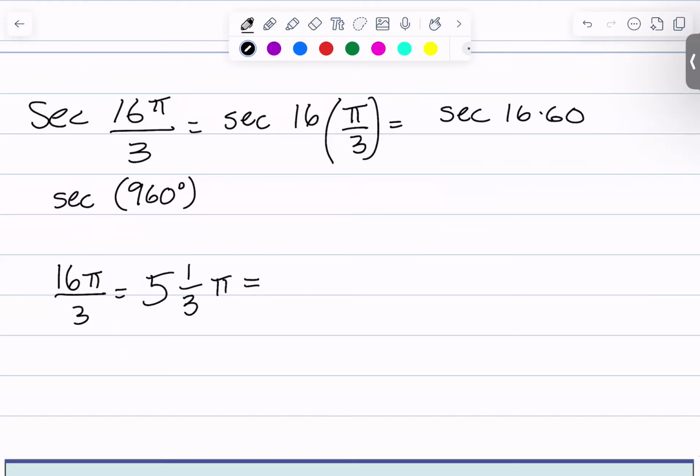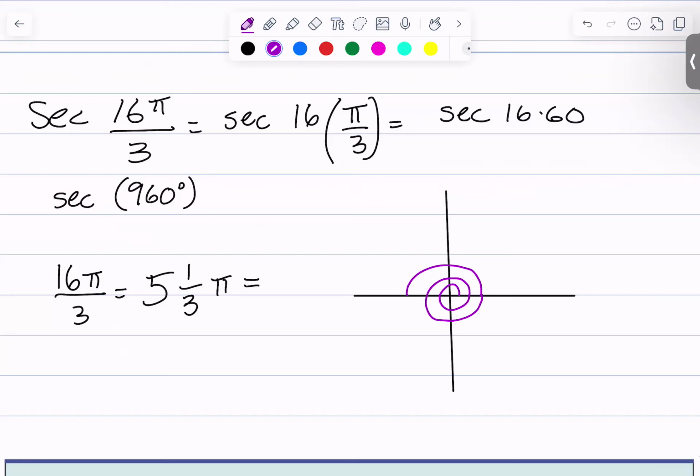So if you think about it like that, and I draw it out, 2 pi, 2 pi, oops, turned into a circle. 2 pi, 4 pi, 5 pi. Simple, right?